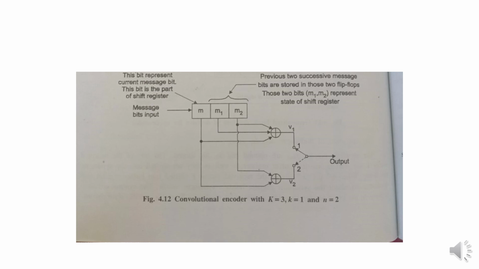Those two bits M1, M2 represent the state of the shift register. Here we have two outputs, V1 and V2. In this convolutional encoder, K is equal to 3, small k is equal to 1 and n is equal to 2.